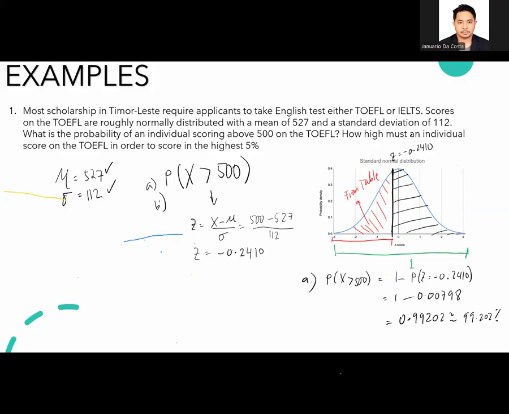Okay, screenshot this and then I'll do the letter B. So now that you know this, let's do letter B. Letter B is how high must an individual score to be part of the top 5%?